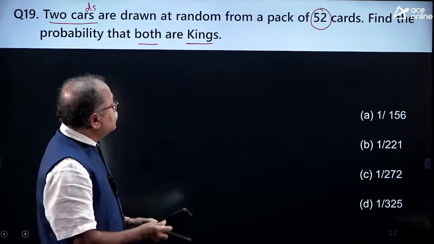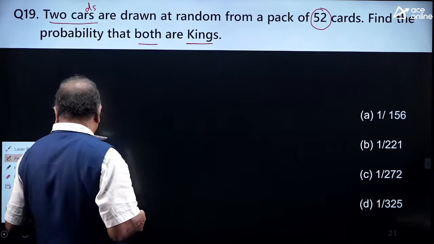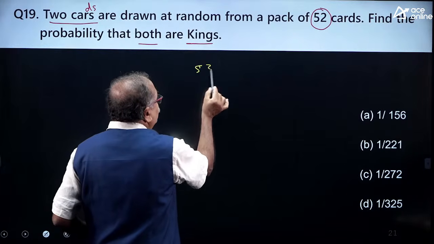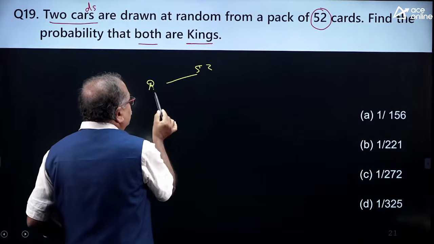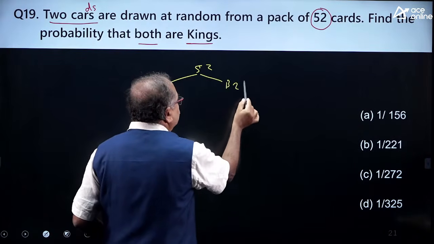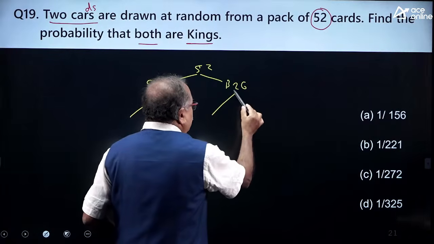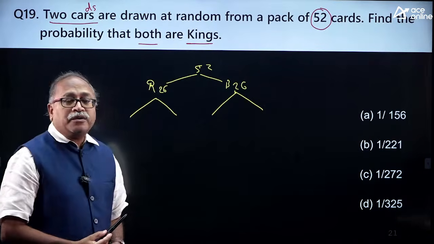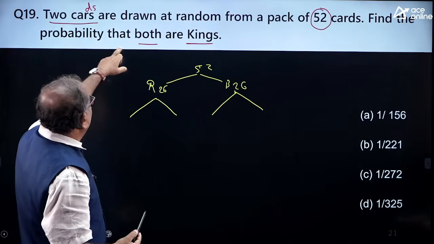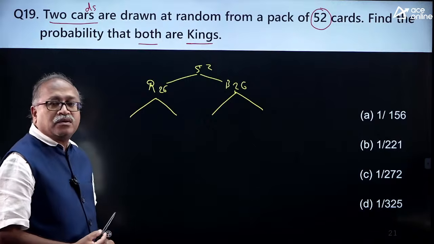Okay. So we know that there will be the structure, if you remember, that this is 52 cards, 26 red, 26 black. So it says that find both are kings. How many kings you will have over here?